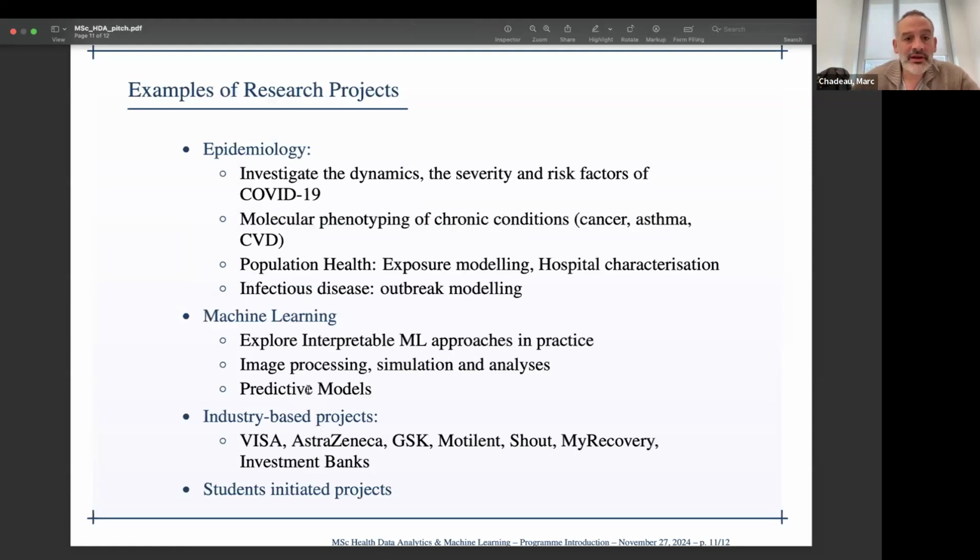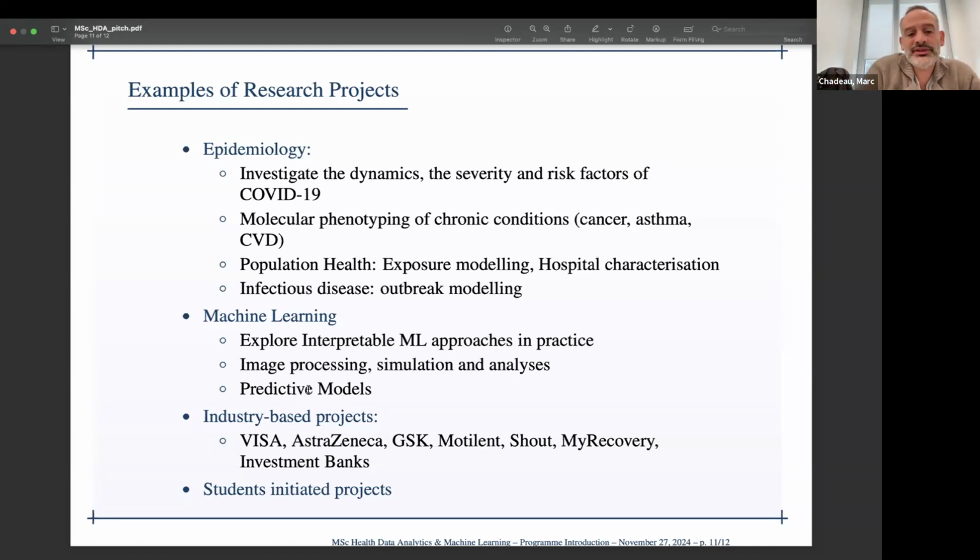Here I'm just listing a very non-exhaustive list of projects that have happened in the past year. Of course, there were a lot of projects on COVID, risk of COVID, long COVID, and so forth. There were a lot of projects on molecular phenotyping of chronic conditions like cancer, asthma, CVD, mental health, and so on. There were quite a few projects on population health, on exposure modeling, on characterizing responses of hospitals to crisis, and so on.